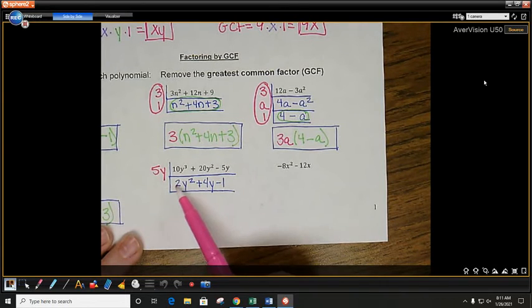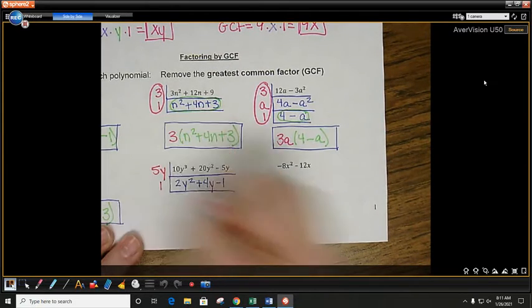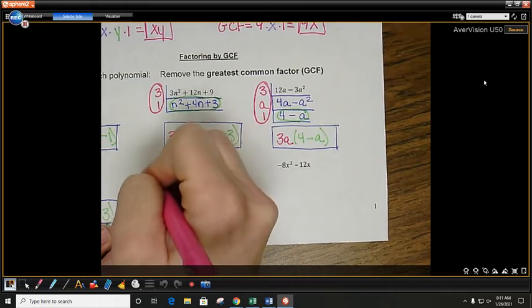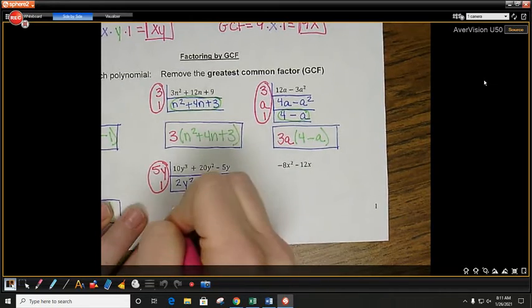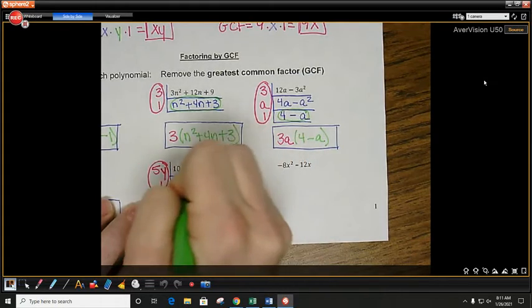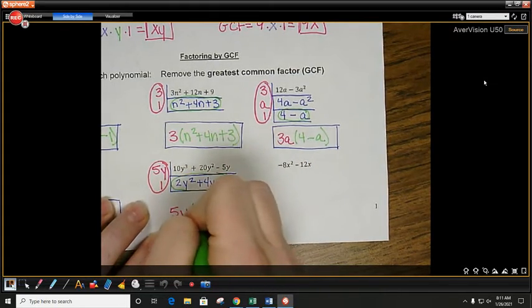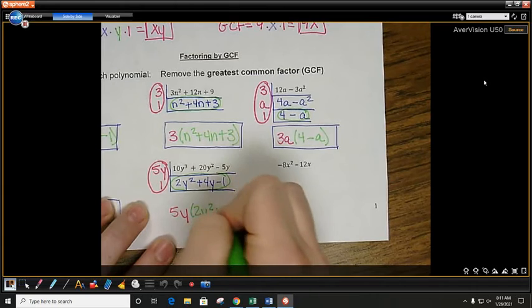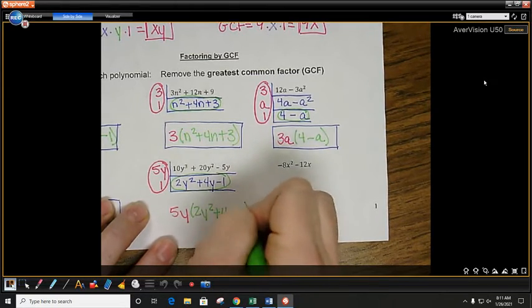Okay, so 2, 4, and 1 don't have a common factor other than 1. They don't all have a y because this last term doesn't have a y. So we're done. Our common factor is only a 1. So my GCF is 5y. And then the last row of my upside down division is 2y squared plus 4y minus 1.